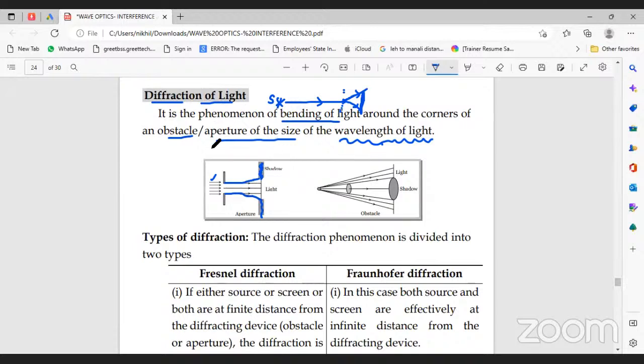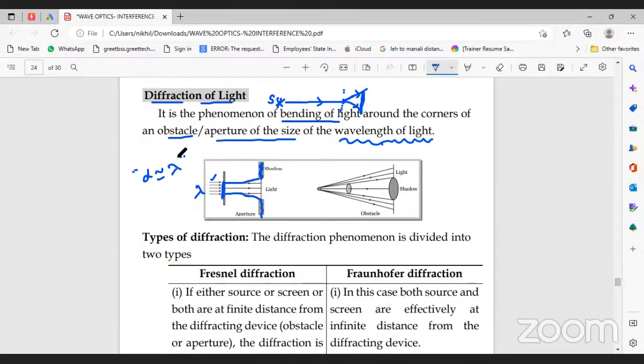You can notice this diffraction only if the width of this slit is almost comparable with the wavelength of light. The slit width and the wavelength should be almost the same. Then only the diffraction is going to take place.